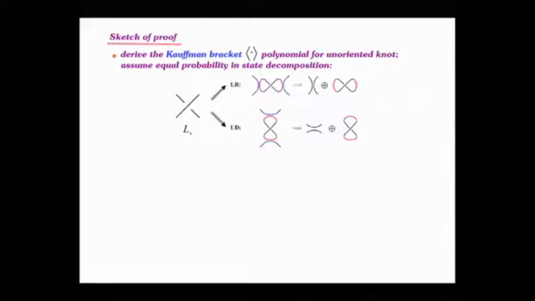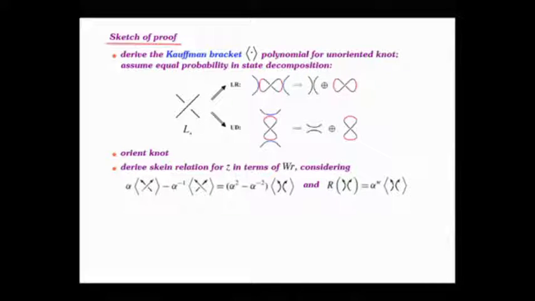But for the time being, we give this kind of ergodic assumption that it is statistically the same. We orient the knot, and then we derive the skein relation for Z in terms of the writhe by going from the Kauffman bracket to the R bracket, the R polynomial, and here you have the directional writhe that plays a role and enters in this equation.